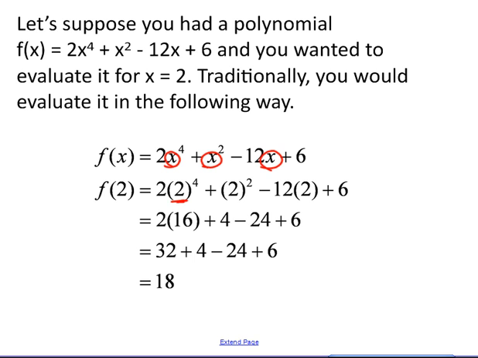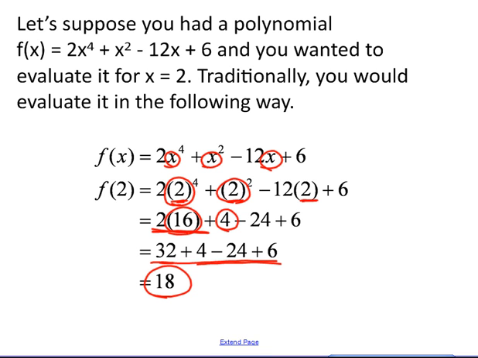So we replace, replace, and replace. Then it's simply a matter of order of operations. Exponents come first. 2 to the fourth is 16. 2 squared is 4. Multiplication, we multiply 2 times 16, we get 32, etc. Combine, and we get 18.